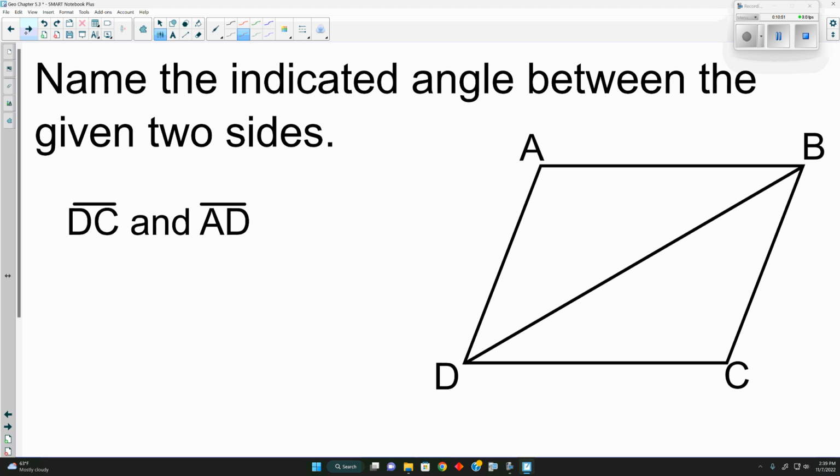How about the inscribed angle between DC and AD? ADC or CDA. Questions on this here? We ready to look at the next one?